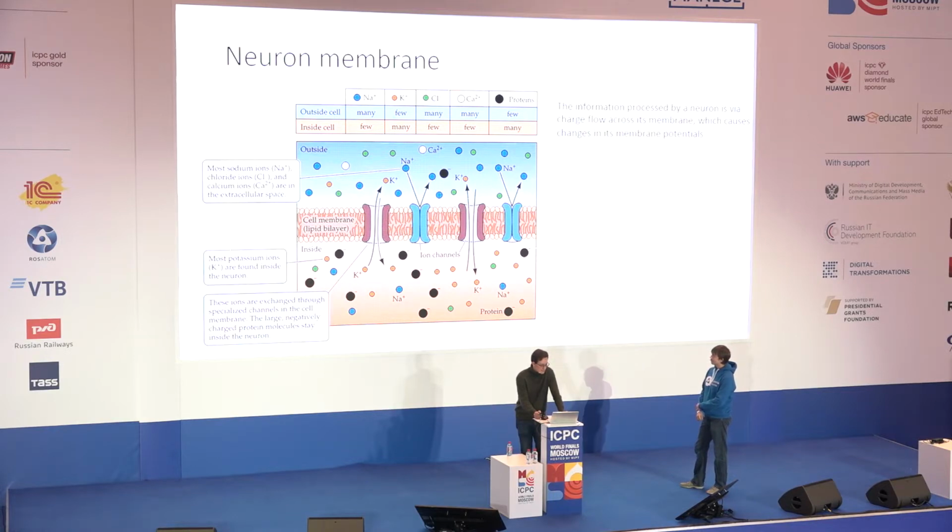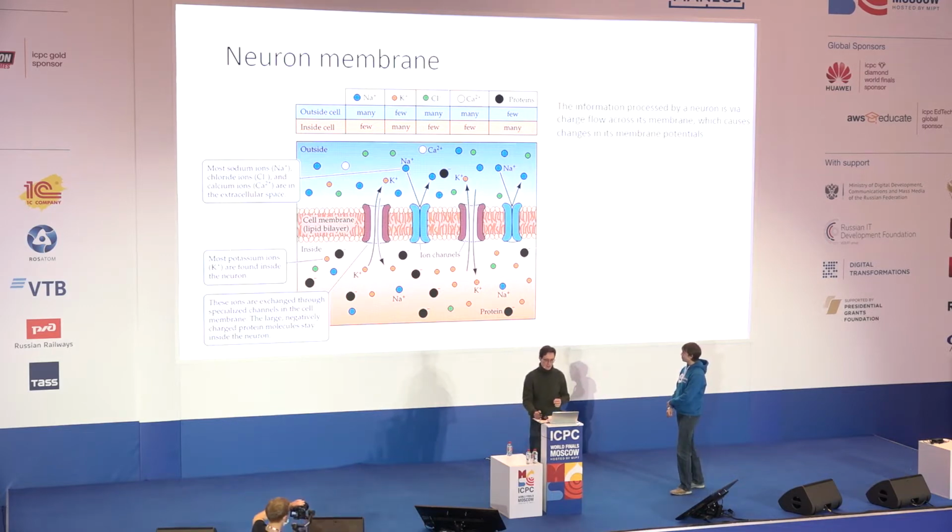As any other cell, a neuron is surrounded by an ion solution. It is a solution of different types of ions, like calcium, potassium, chloride, and so on. And a neuron exchanges information by taking in or taking out ions from the outside world, and it changes its membrane potential, because the different gradients of ions form the electrochemical potential, and this is the main way of processing information: the changing of membrane potential on the neuron.